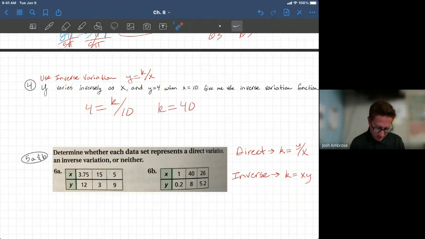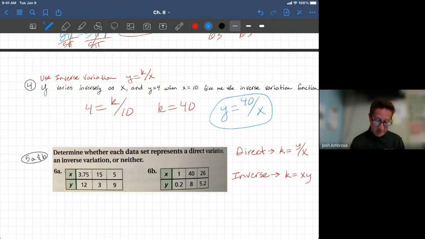So you would do 4 times 10, giving you 40. K times a 1, sticking with just k. Now, rewrite this as an inverse variation function, and it goes back to looking like y equals 40 over x. That's it. That was real straightforward here.